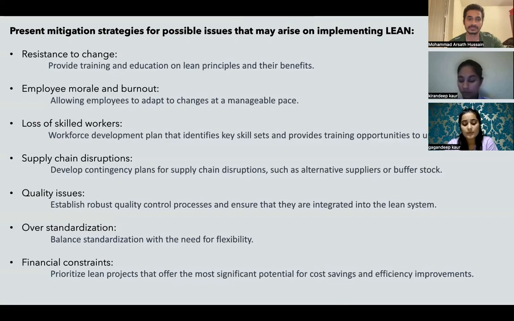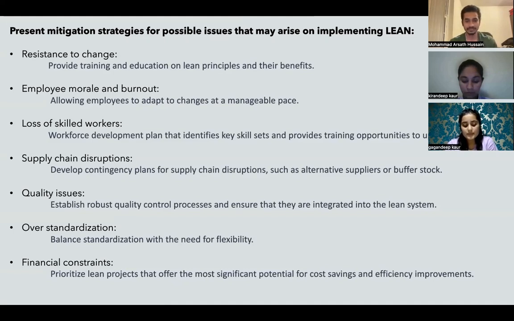For loss of skilled workers, develop a workforce development plan that identifies key skills and provides training opportunities to the employees. For supply chain disruption, build strong relationships with key suppliers and develop contingency plans, such as alternative suppliers.